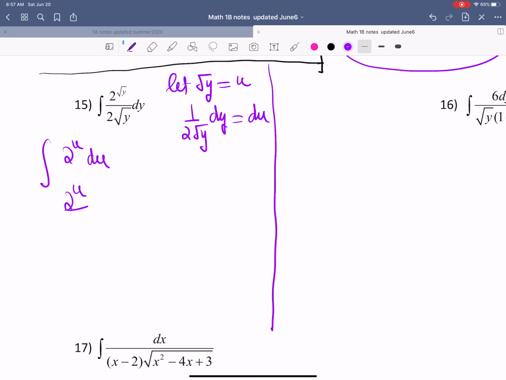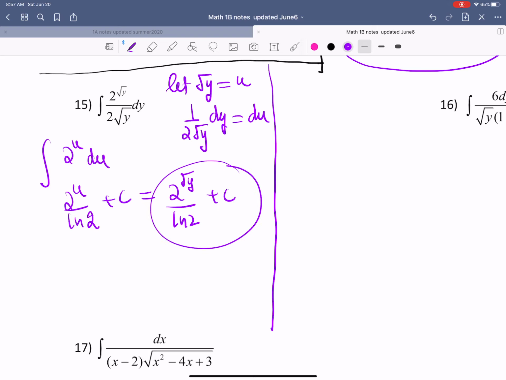That's 2 to the power u over natural log of 2 plus c. It would not be natural log of u in the denominator, it would be natural log of 2. Now u was square root of y, and that would be our answer.